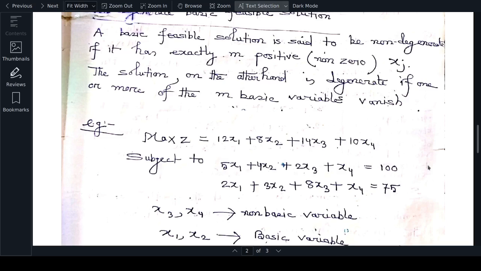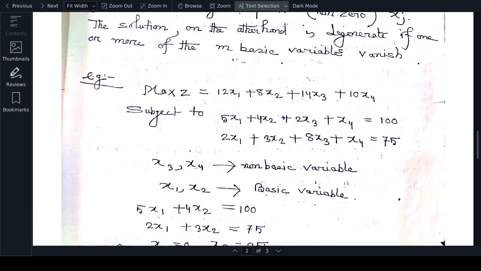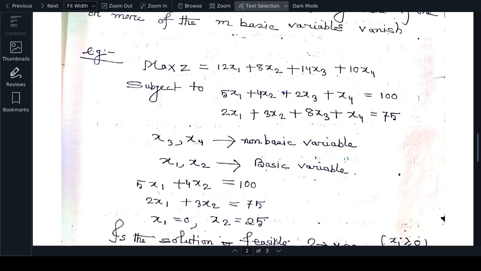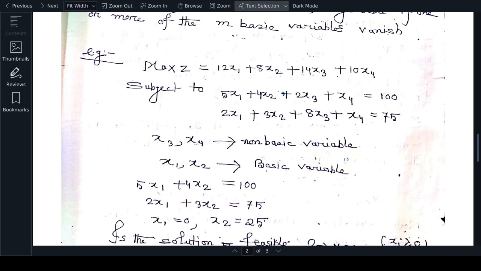Okay, so you see, through an example you can easily identify whether the linear programming problem gives us a non-degenerate basic feasible solution or a degenerate feasible solution, etc. So you see the question: maximize z equal to 12x1 plus 8x2 plus 14x3 plus 10x4, subject to the constraints 5x1 plus 4x3 plus x4 equal to 100, and then twice x1 plus 3x2 plus 8x3 plus x4 equal to 75.